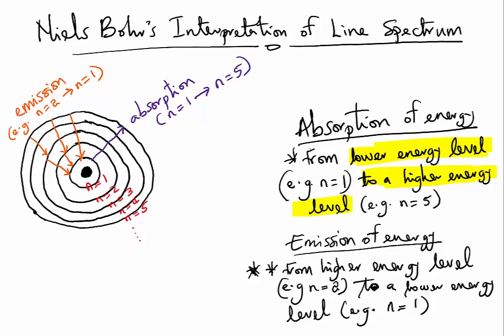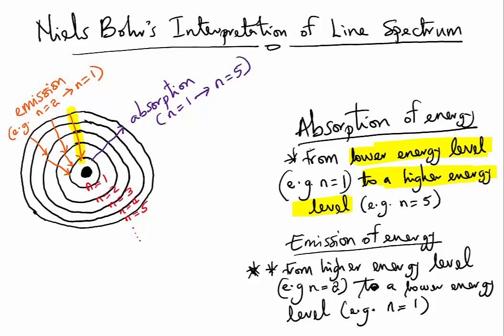However, that electron will want to go back to its original energy level. And it can do that in one of several ways. It can go directly from n equals 5 to n equals 1. And when it does that, it will release the energy as light. In most cases, for undergraduate lab, it will be visible light, colored light.